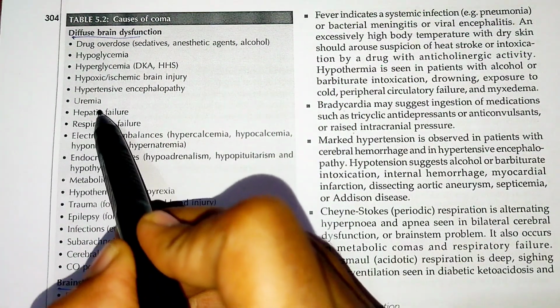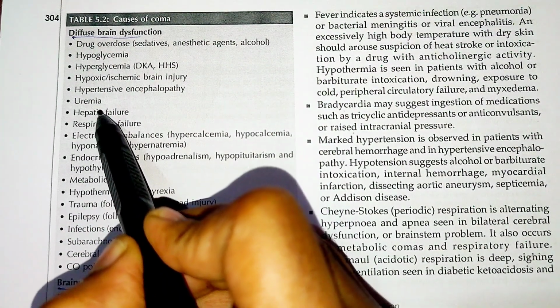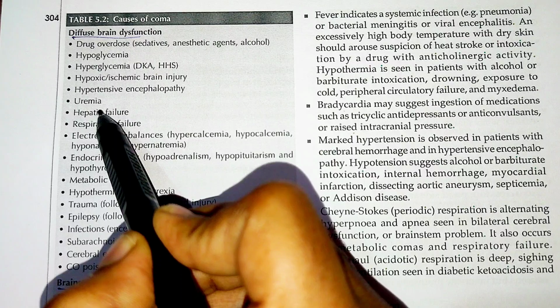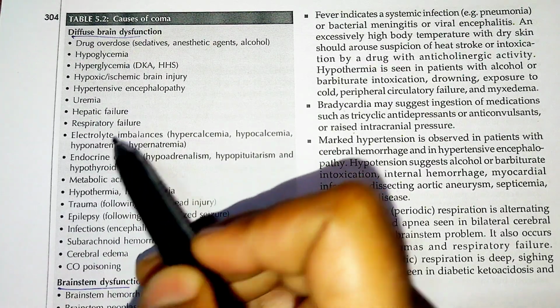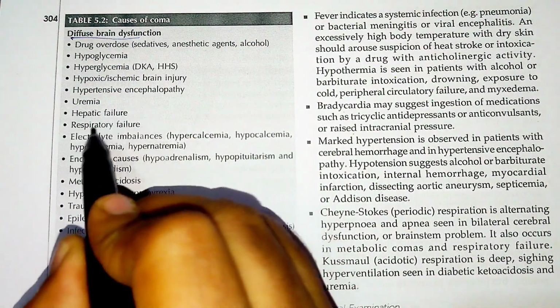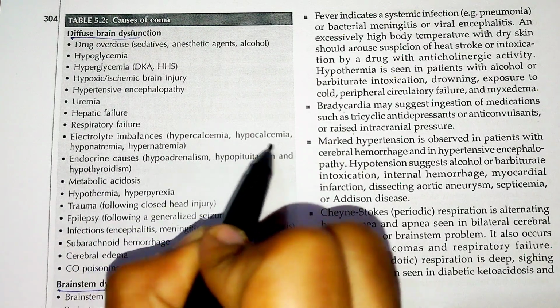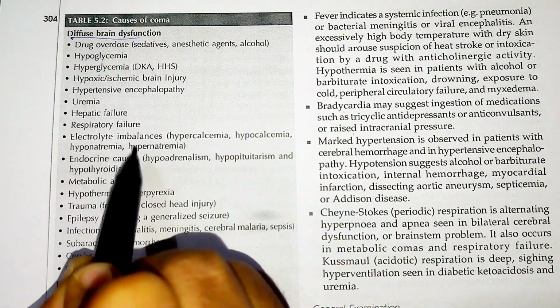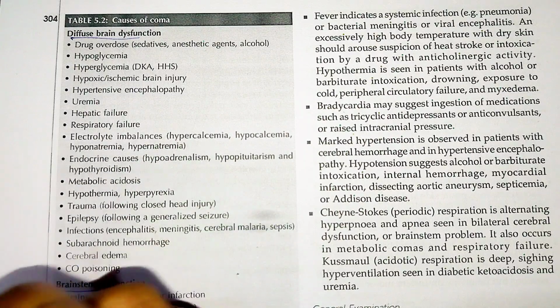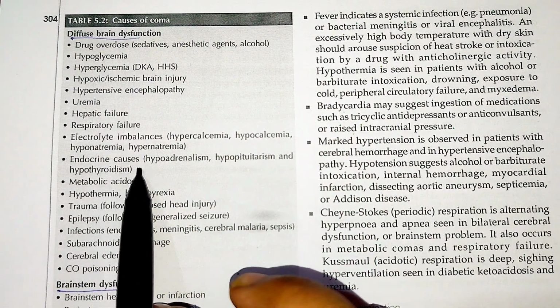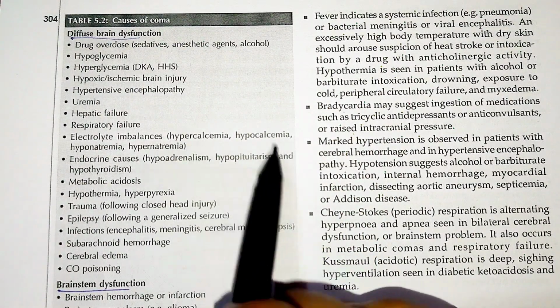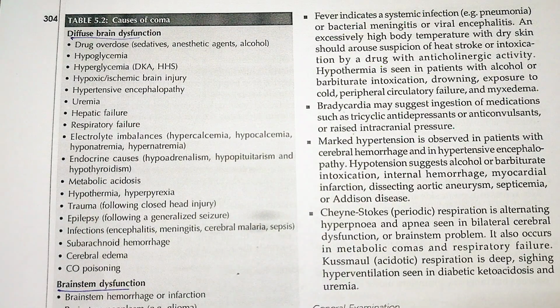Uremia is nothing but abnormally high levels of waste product in the blood, which is mainly urea and creatinine. Also, hepatic failure, respiratory failure, electrolyte imbalances like hyperglycemia, hypocalcemia, hypernatremia result in coma. Endocrine causes like hypoadrenalism, hypopituitarism, hypothyroidism cause coma.